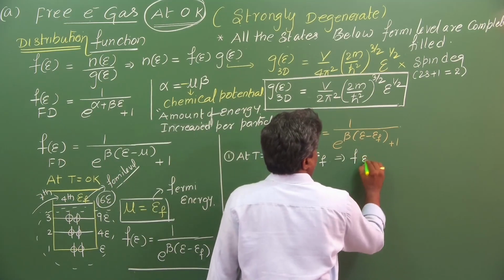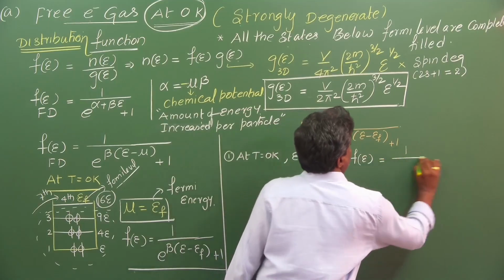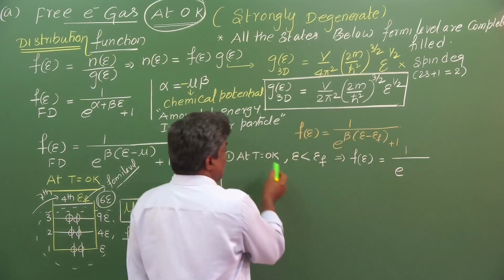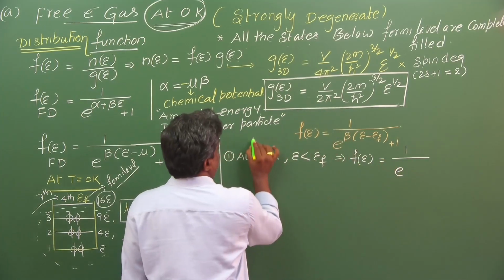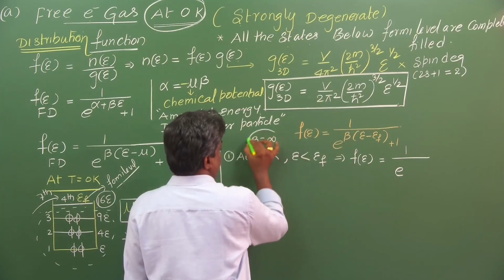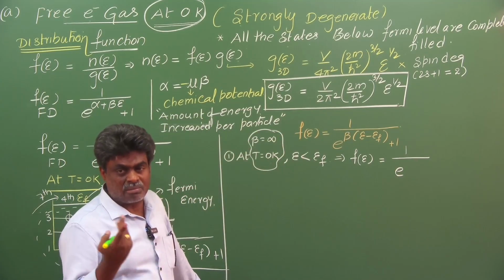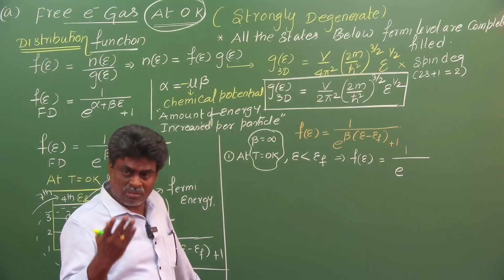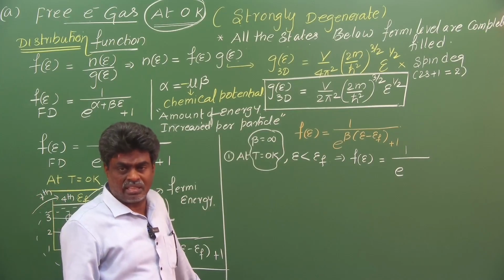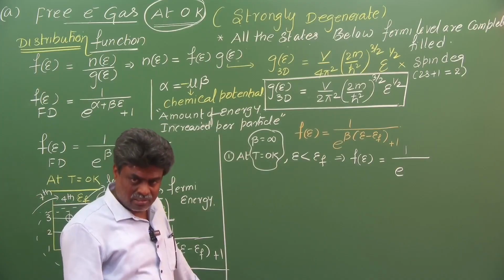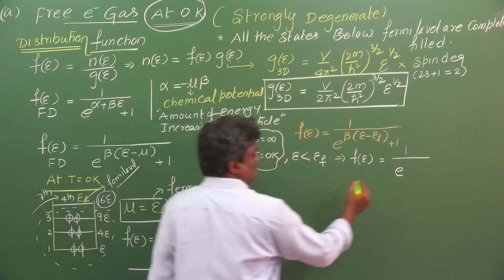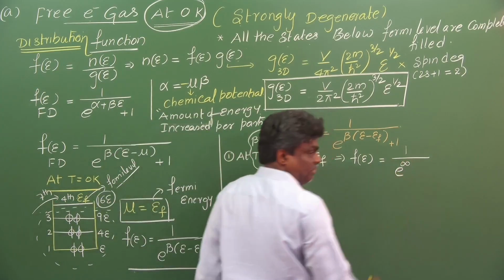See, f of E equals 1 over e raised to... T equal to 0. Then beta equal to what? Very slowly I am saying; some people are not opening your mouth at all. Otherwise, get out of this class. What is the use of sitting there? Beta equal to infinity.